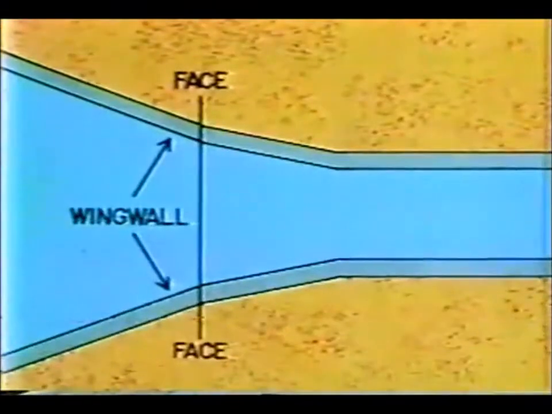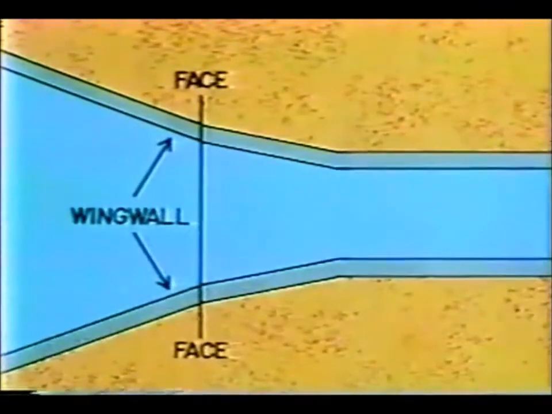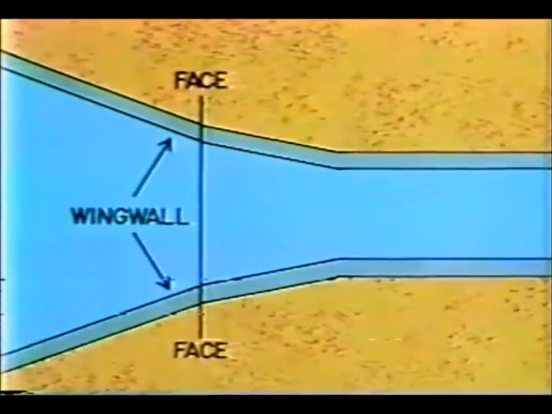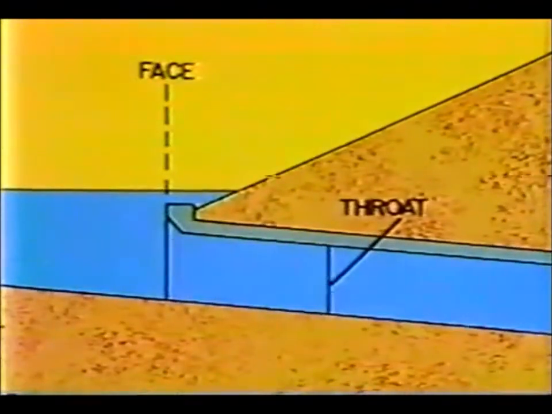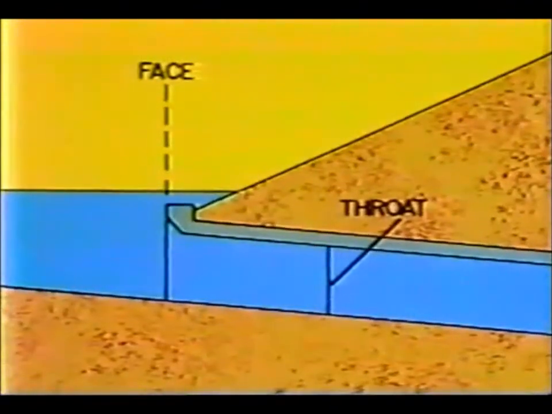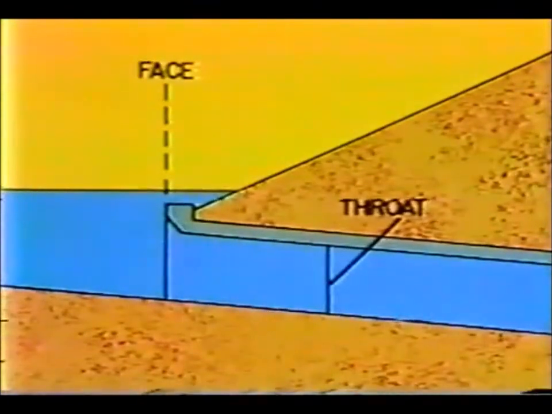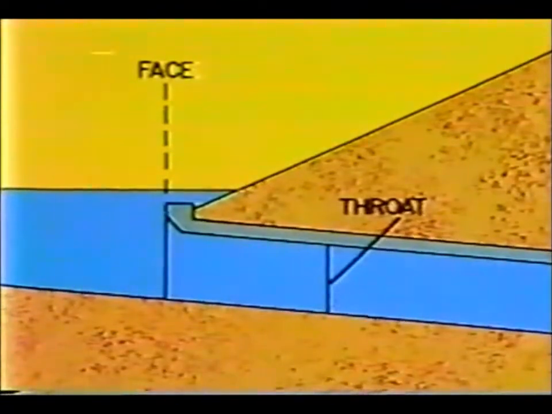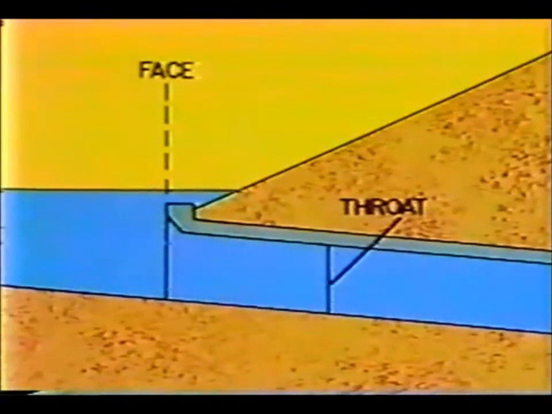The first step is the beveled entrance. The second step or degree of improvement is the side tapered inlet. This inlet has two control sections, the face and the throat. Providing a large enough opening at the face makes the throat the controlling section. This is desirable in order to utilize as much of the barrel area as possible.